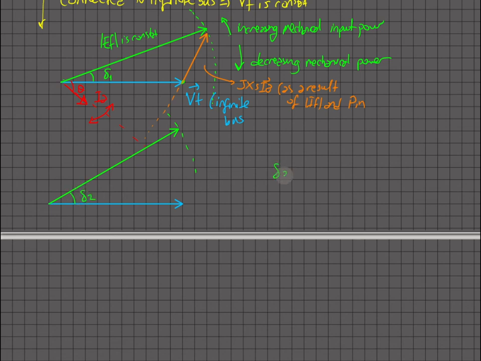Now that one is larger than that one by increasing mechanical power, and as a result I will have that kind of thing. Again you can see my power factor. Let me adjust it to be exactly unity power factor.